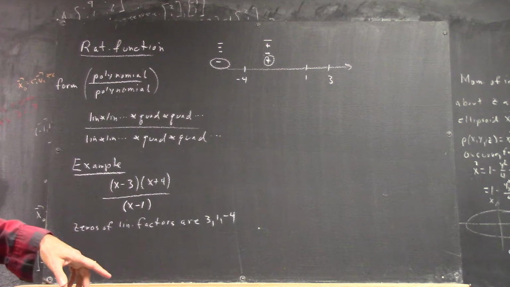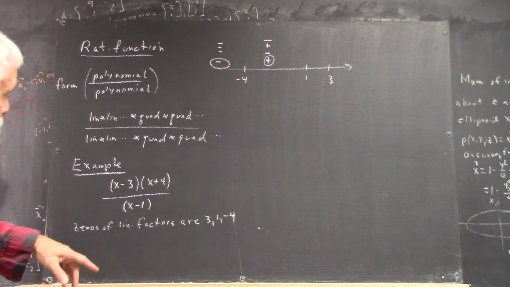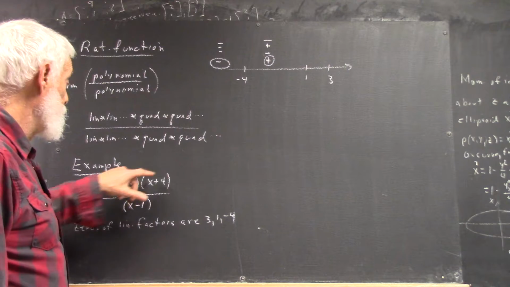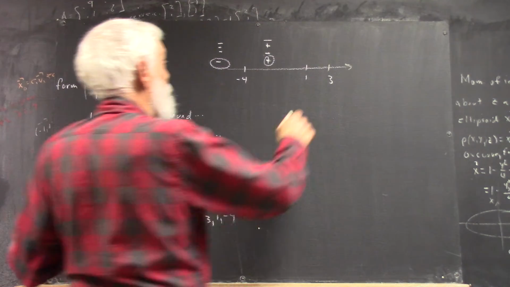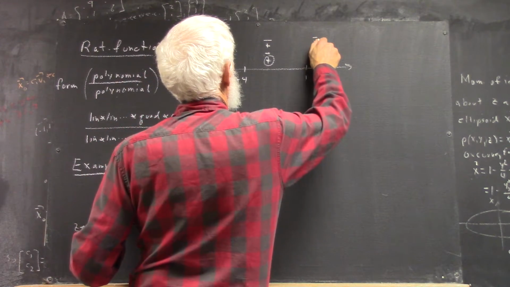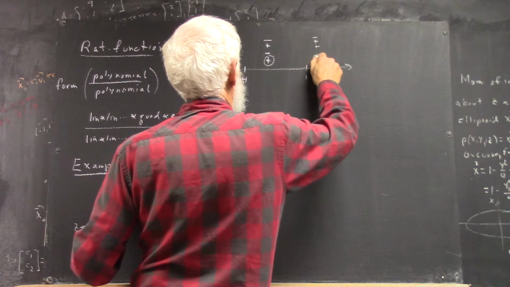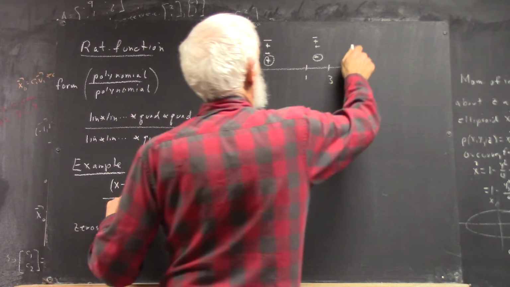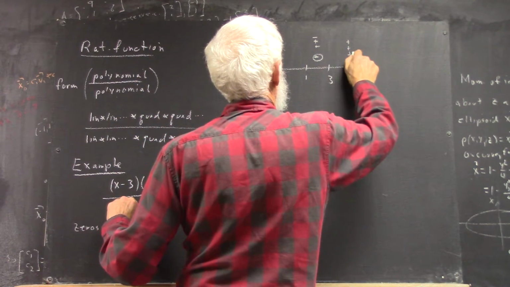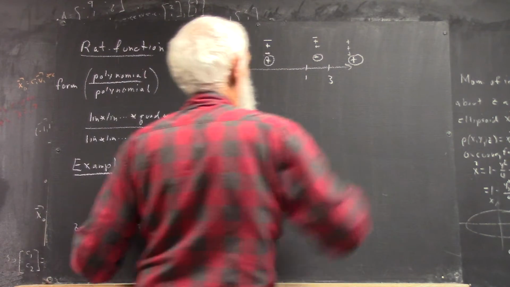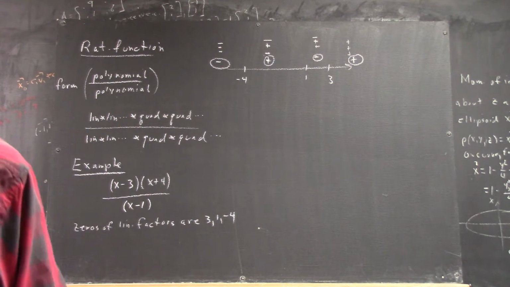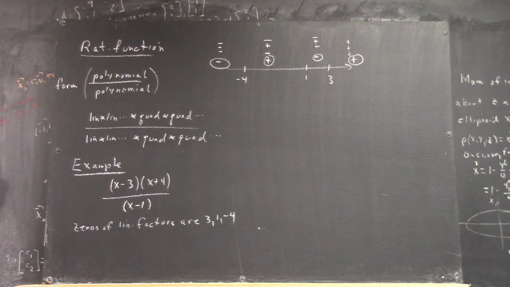Between 1 and 3, well, this one is still negative, but the other two are positive. So we have negative, positive, positive, which gives us a negative. To the right of 3 is positive, positive, positive, so we have positive. Okay? Make sense?